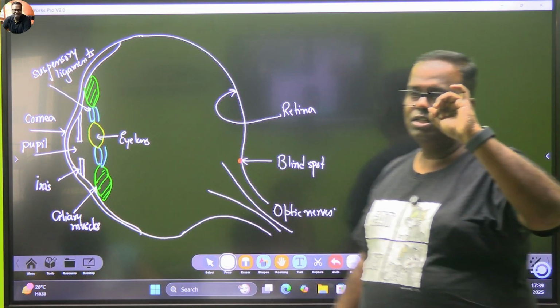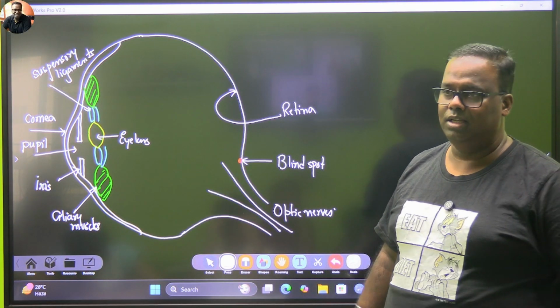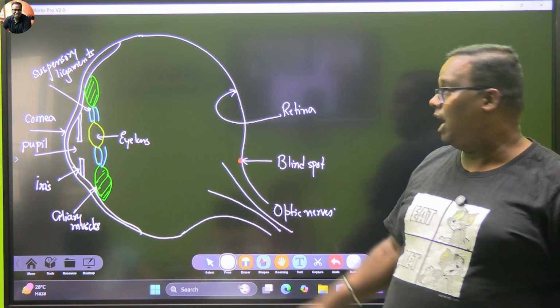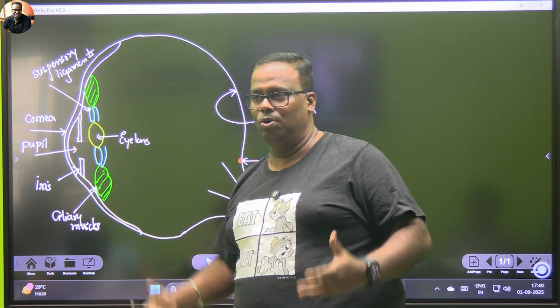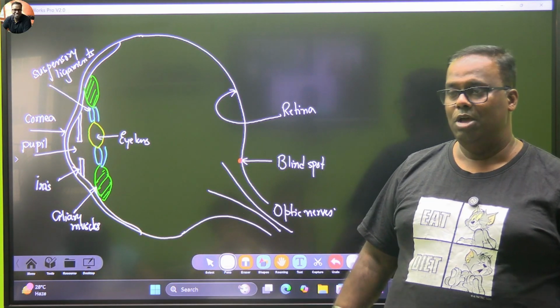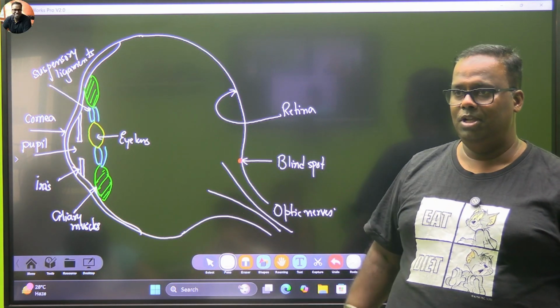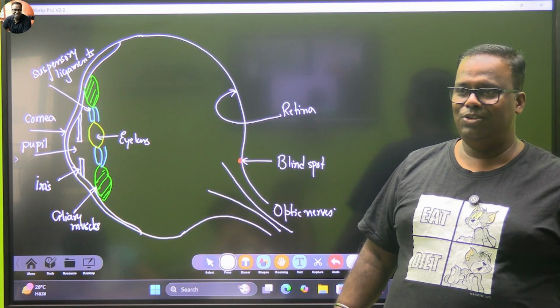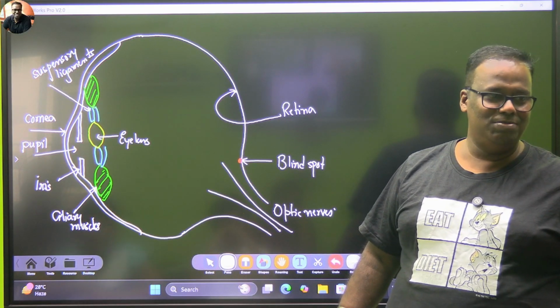As soon as he enters the movie theater, it's all dark, and now the brain is demanding more light, but the iris will take some time to open. That time is causing you difficulty to walk in the theater. But slowly as the iris opens up, you again start laughing at someone who came after you, that look, he is unable to walk. You were also in the same scenario.